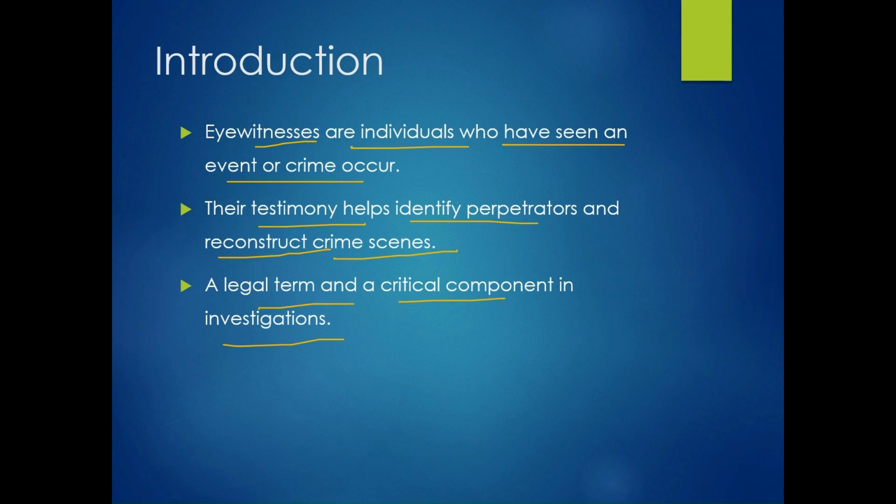Eyewitness testimony is powerful in courtrooms, yet it is also very vulnerable because human memory is not a video recorder, right? It can be affected by perception, emotions, and even stress. So that's why psychologists work closely with investigators to evaluate how accurate and reliable an eyewitness's account truly is, right? So this is the meaning of being an eyewitness.